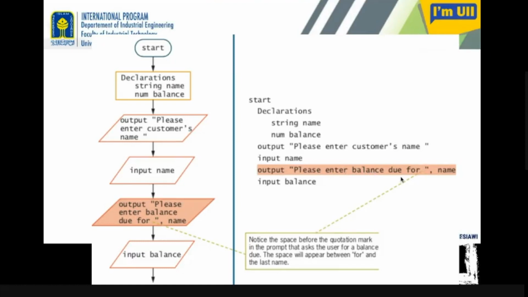If you write please enter the balance, that is one way of prompting. But if you write please enter the balance due for a particular employee or customer, it will be more helpful for the programmer and the user to understand the meaning of that sentence and to give a particular value to the program.